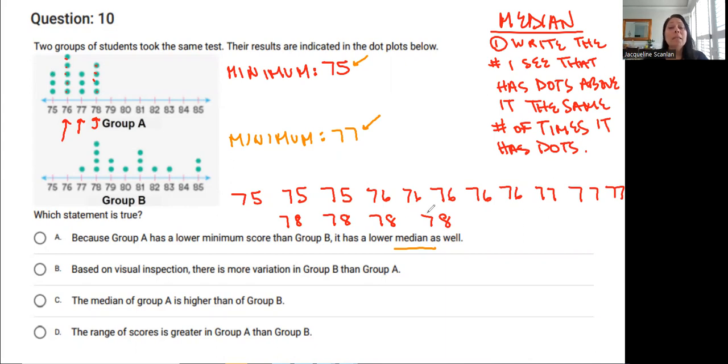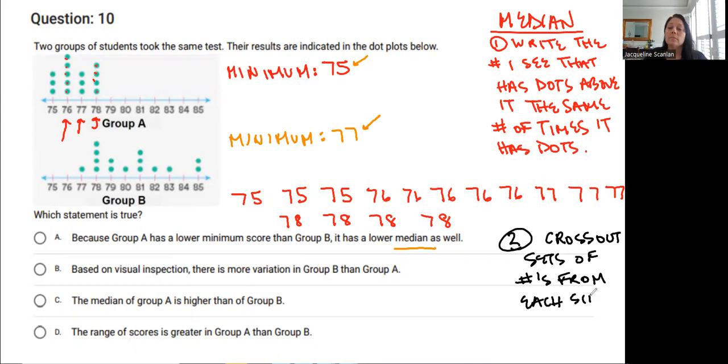Step 2 to find the median is to cross out numbers. Okay, so step 2, I'm going to cross out my numbers from the left and the right side until I get to the middle number.